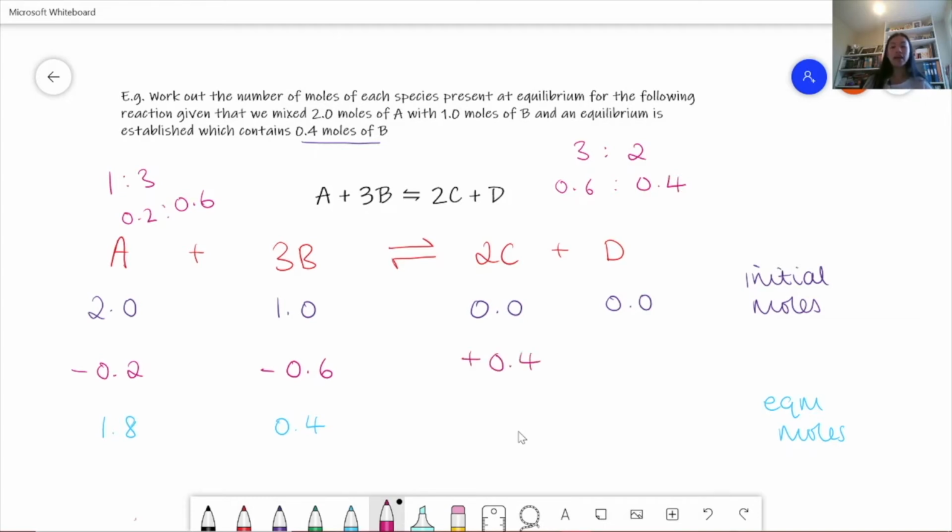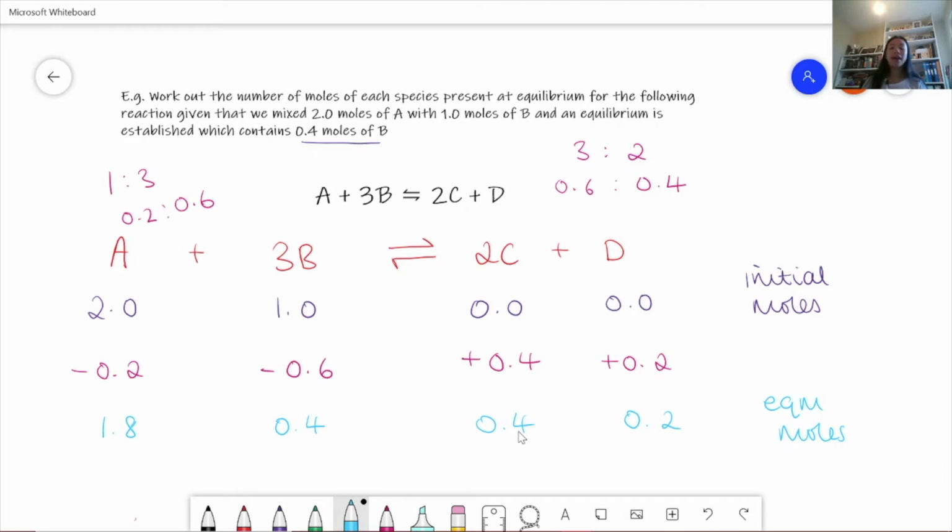And D should gain 0.2 moles because it's a 3:1 ratio again between B and D. So C will be 0.4 and D will be 0.2. And now we've found out the equilibrium moles.